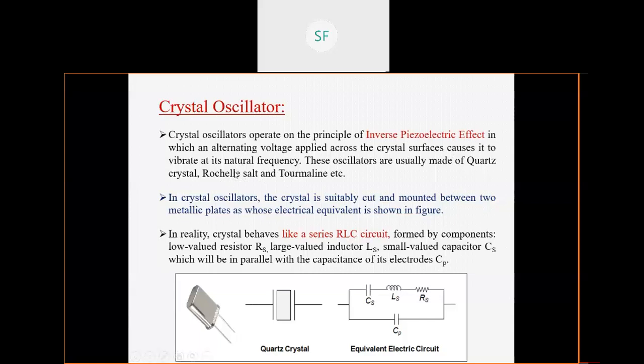If you use it, then it may get torn into pieces. It is very weak in terms of strength. On the other hand, tourmaline has a very poor piezoelectric effect, but the strength of tourmaline is very large.